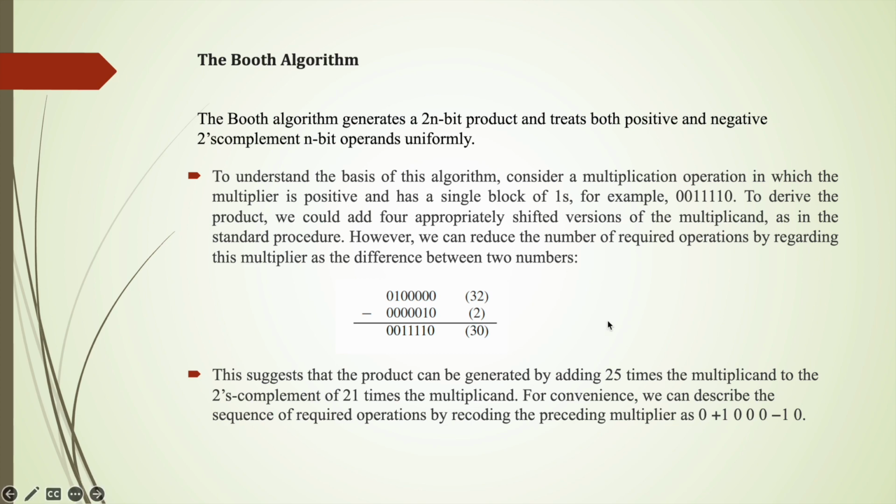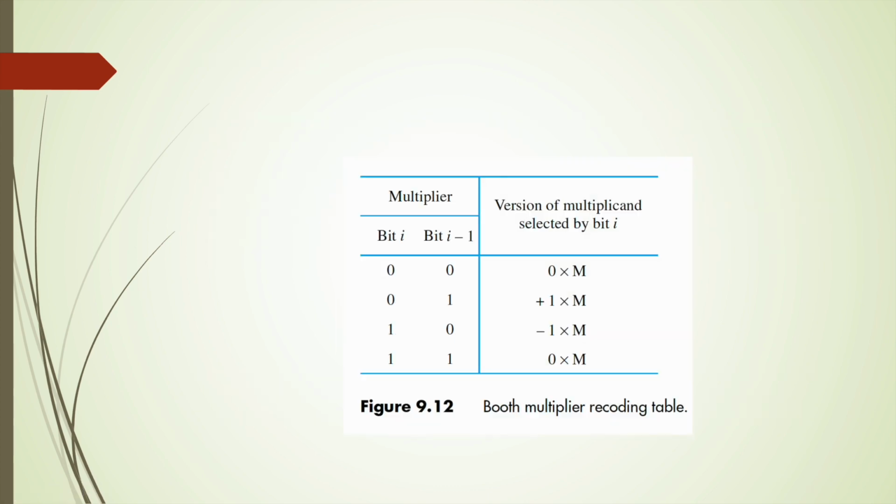So instead of adding 4 times, we just subtract once and add once if we have continuous ones. According to Booth multiplication, if the values at bit positions i minus 1 and i are 0 and 0, the value is 0 into the multiplicand.